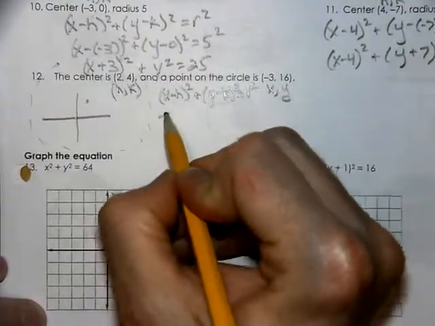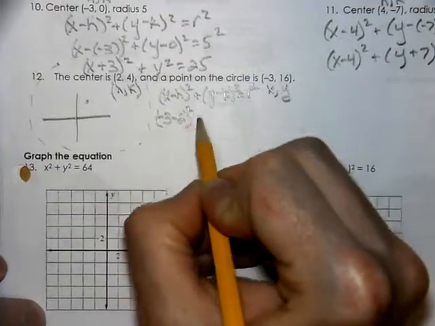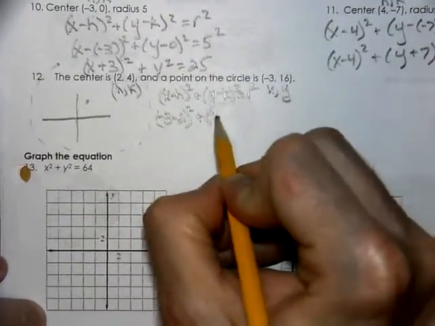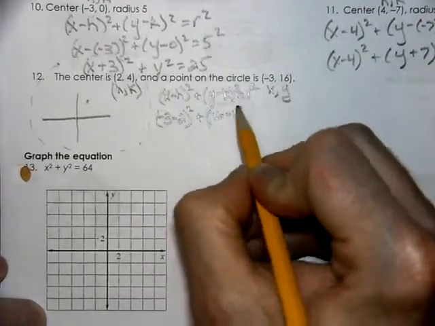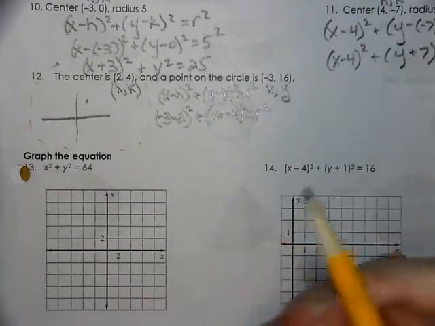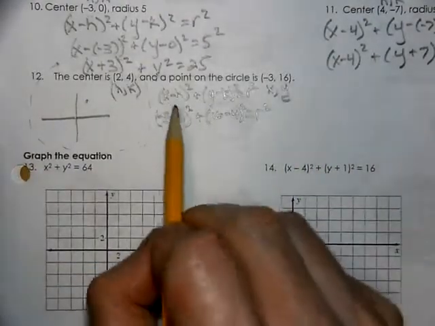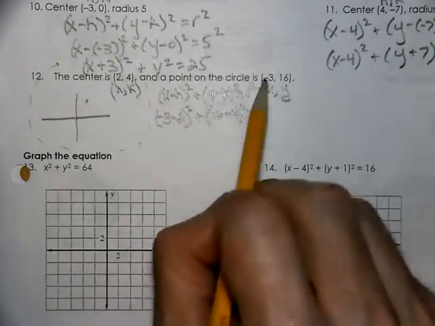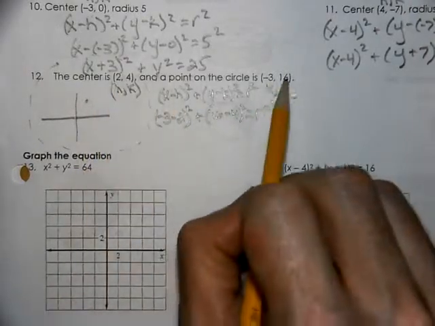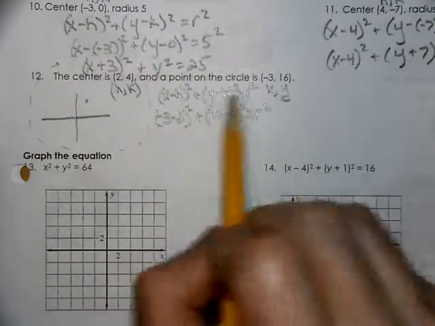Plug in our x, plug in our h, our y value, and our k value. So essentially it looks a lot like the distance formula. It's the same thing as a distance formula. We're going to subtract our x values, we're going to subtract our y values, and essentially we'll take the square root.